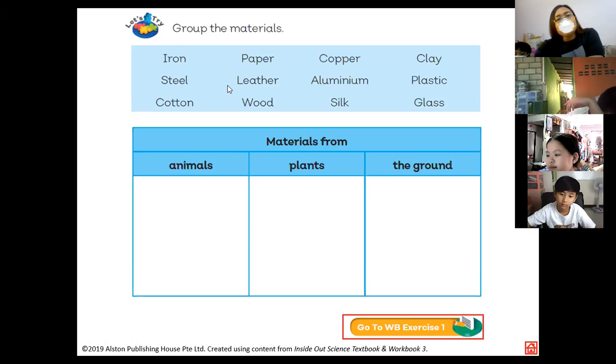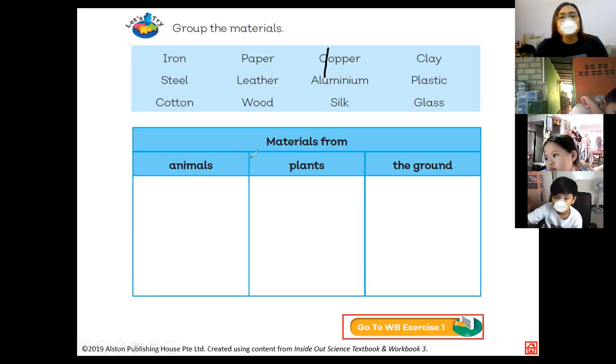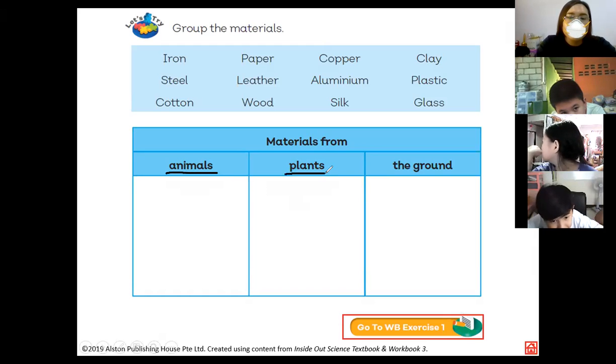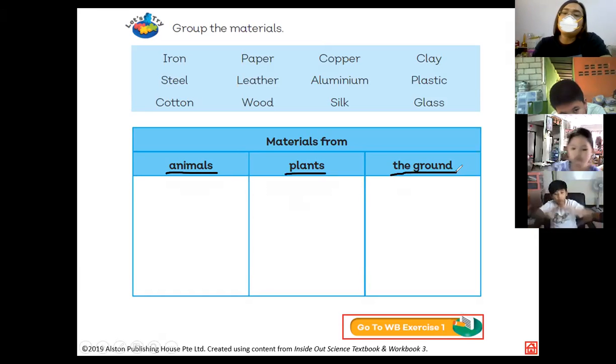All right, so let's start, kids. In this table, we have three different columns, right? We have animals, we have plants, and we have the ground or the soil.